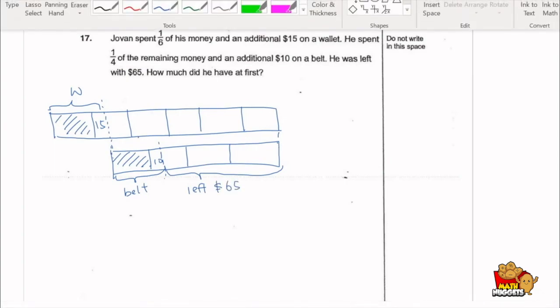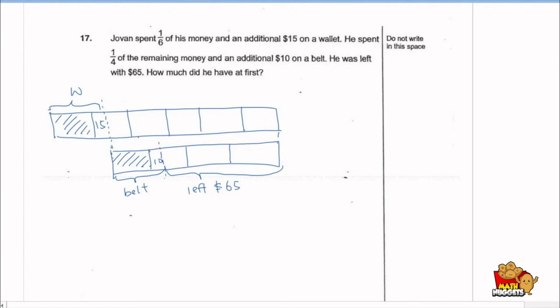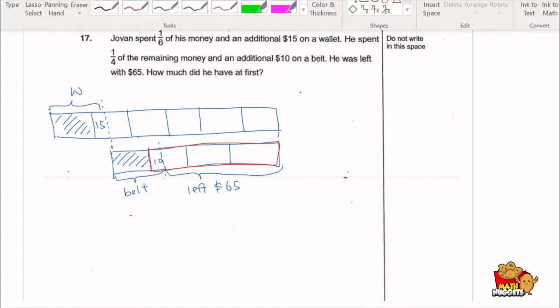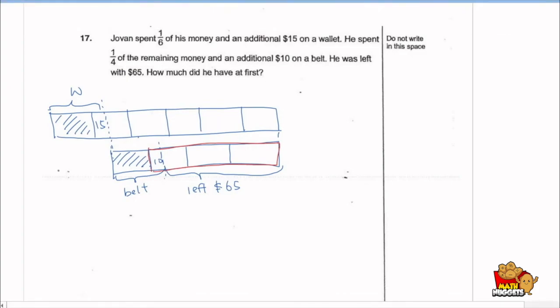So the first thing we need to do, as you can see from the model at the bottom, the below one, can you see that 3 units over here? So what makes up 3 units? The 65 with the 10. So 3 units would be 65 together with 10, which is 75.